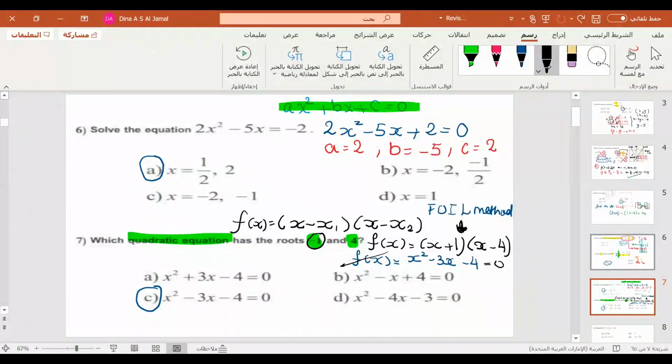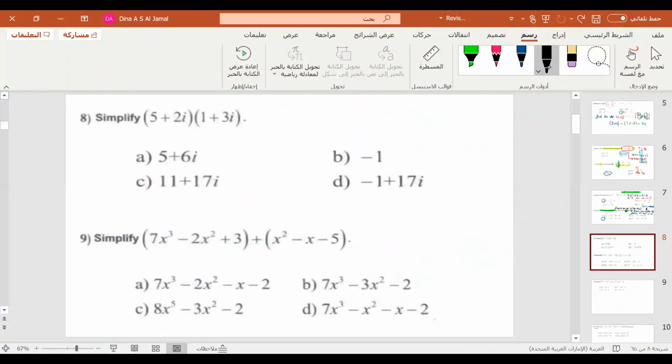L means the last elements together, which is 1 and minus 4. Now, again, we will be using FOIL method in simplification of the complex binomials. So whenever you are having binomials, you will be using also FOIL method.